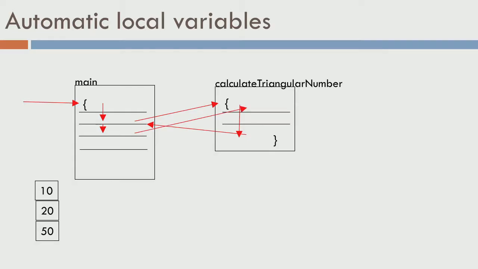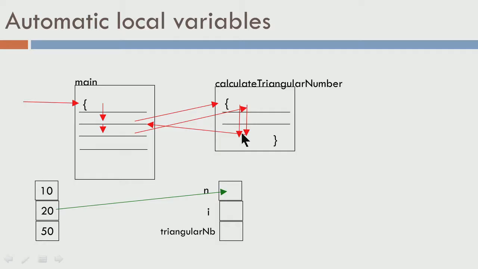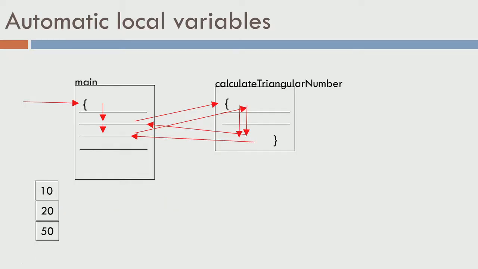Again it goes to the first line of calculate triangular number, and again you create n, I and triangular NB. The value 20 gets copied and triangular NB gets the initial value of 0, I gets initialized in the loop and becomes 1, whatever work you have to do there gets done, and you return the control back to the main function. Finally you have the last call and the same thing happens once more.